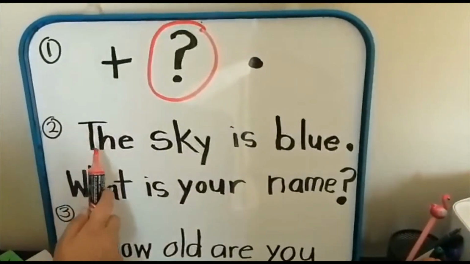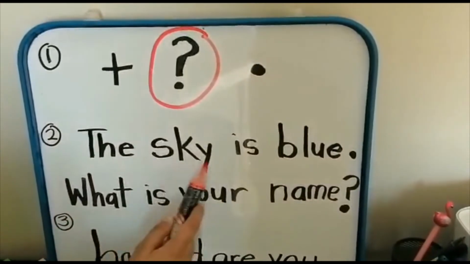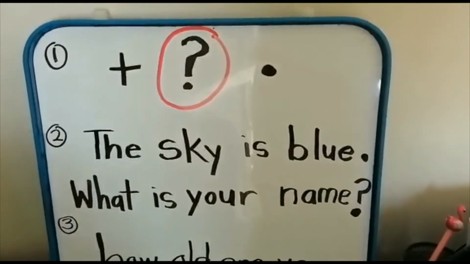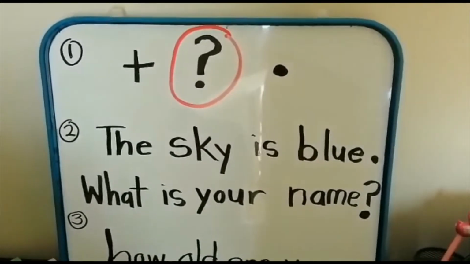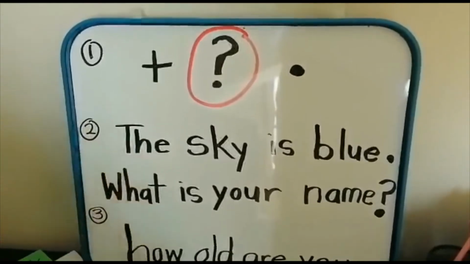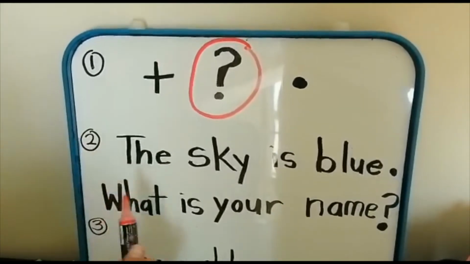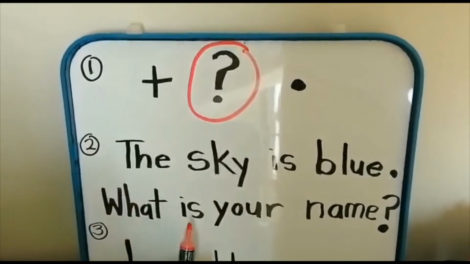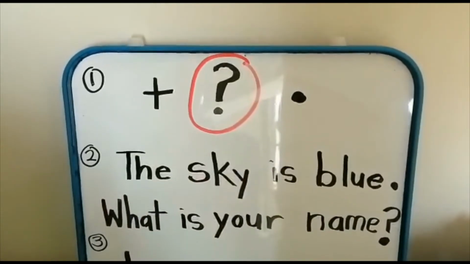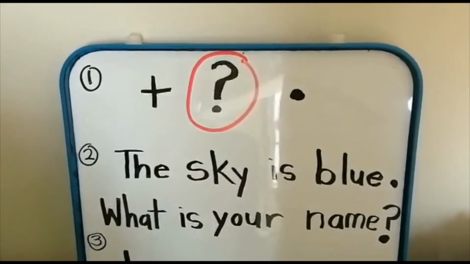We need to underline the question. Okay, let's read this. The sky is blue. Is that a question? Am I asking something? No. This is a sentence. Let's look at this one. What is your name? Is that a question?